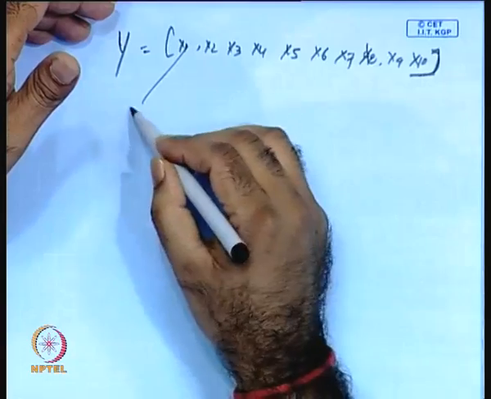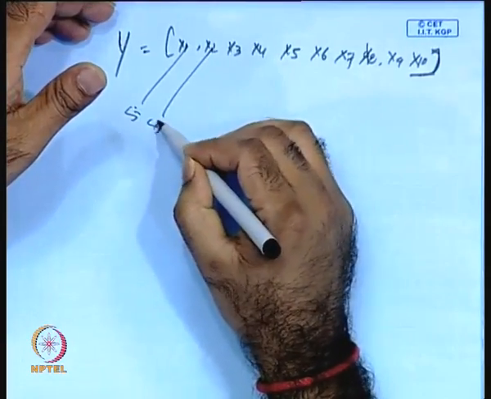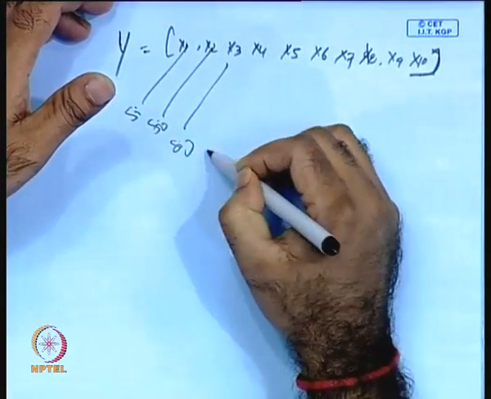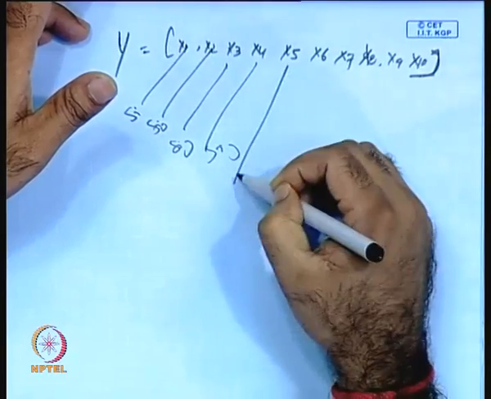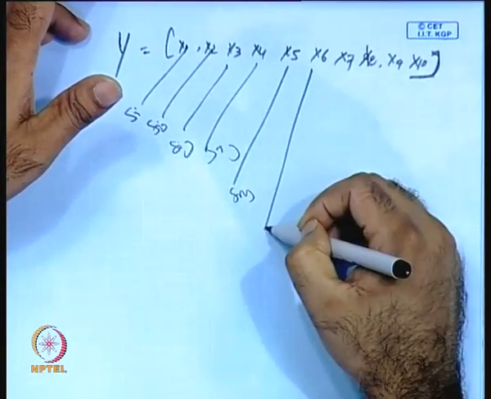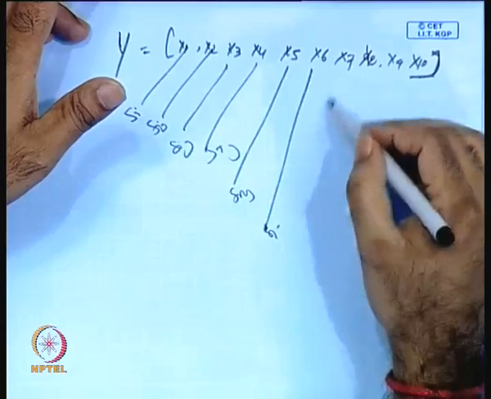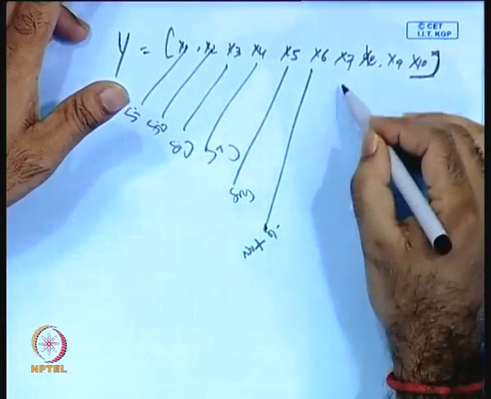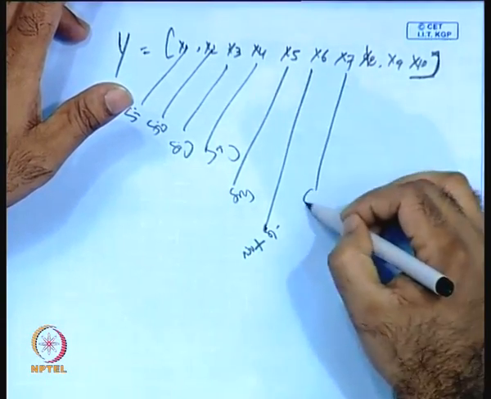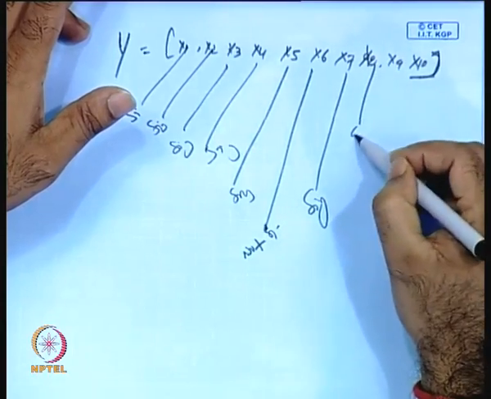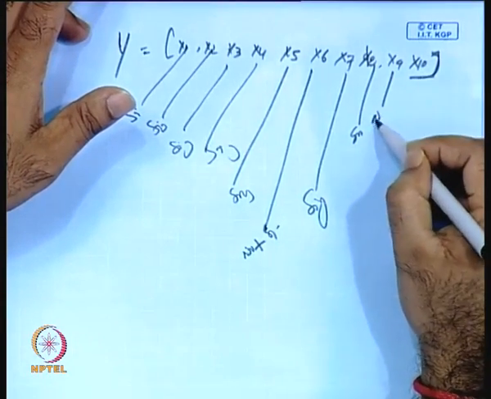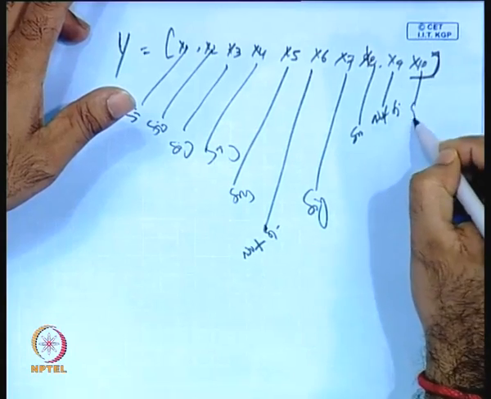By the way, this is significant, this is significant, this is significant, and this is not significant. Let us assume that this is not significant, this is significant, then this is significant, and this is not significant, and this is significant.